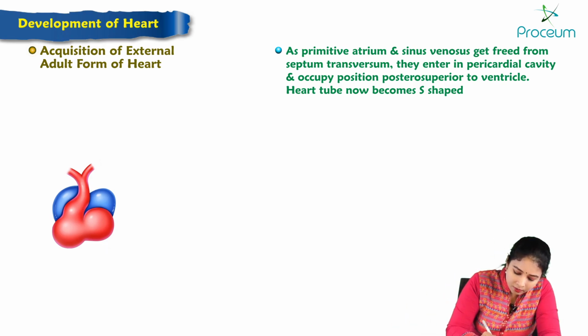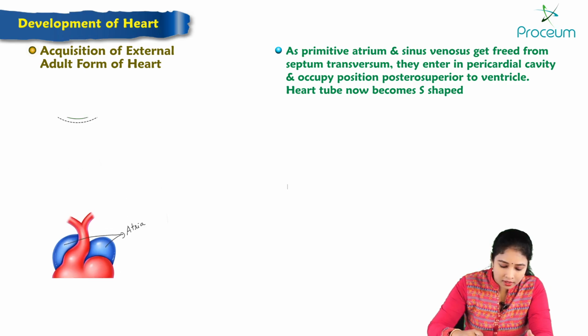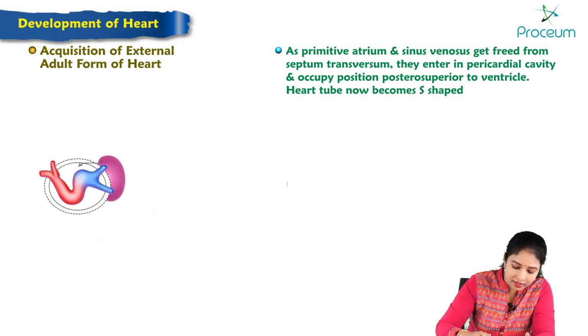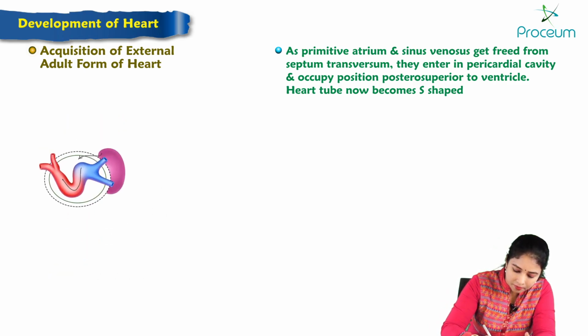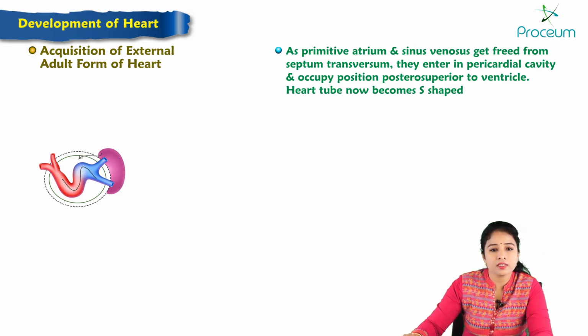So the red ones represent the ventricles and the blue ones represent the atria, right and left atria. The heart becomes almost S-like. See here. So it is S-shaped.